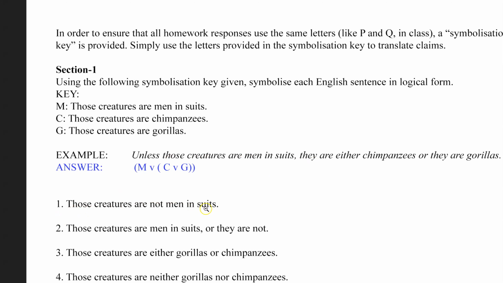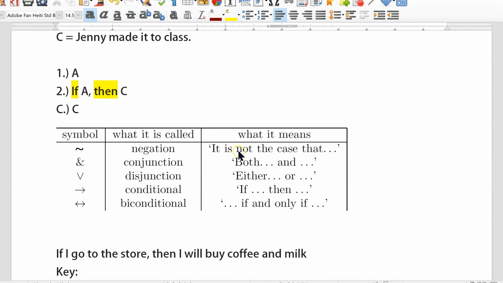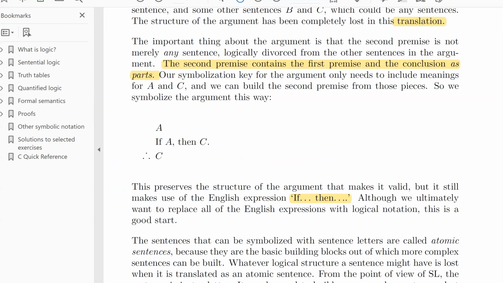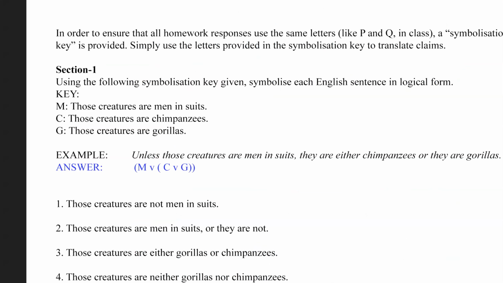Those creatures are not men in suits, right? You're just going to consult this and see what a not is. It's a negation, right? And then you're going to consult your symbolization key and find the sentence that you can attach that to and symbolize it using those symbols on that list and the letters here.